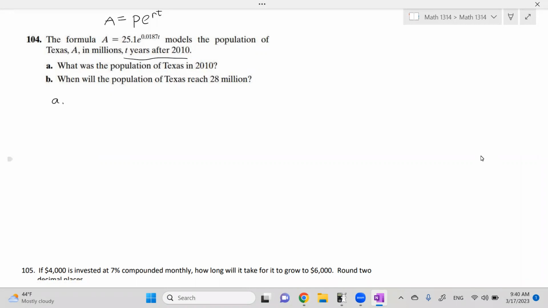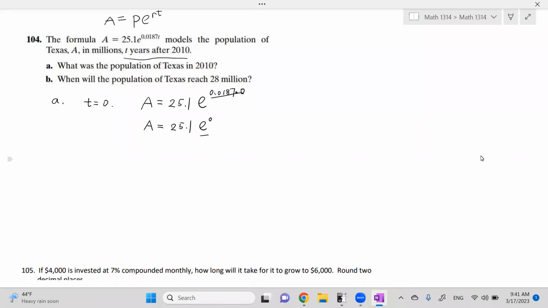Number 8, the population in 2010, t equals 0. And put the information in the formula. A, the future value, equals 25.1 times e to the 0.0187 times 0. So 0 times any number is 0. The future value A equals 25.1 e to the 0, because all of here is 0.